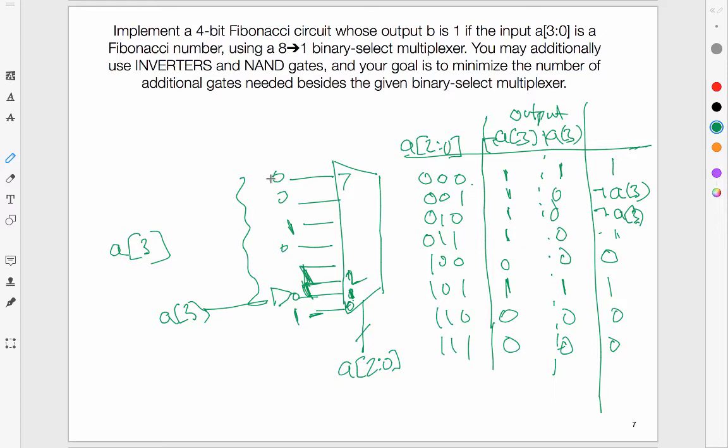In this case, it's probably as simple as it gets. It's a mux plus an inverter, so you won't be able to simplify it further. But generally speaking, that may be a choice you have to make. So multiplexer-based designs you have to be comfortable with.